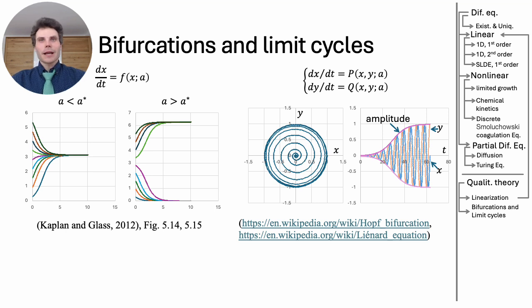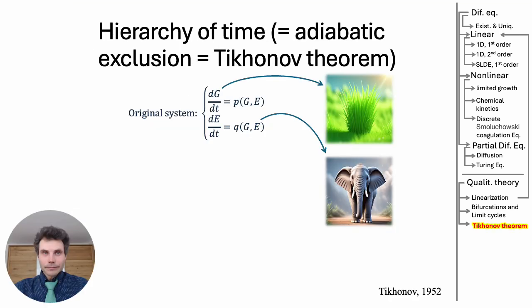Now, eventually coming to his theorem. Assume we have a system of two equations: dg/dt equals a certain function p of g and e, and de/dt equals q of g and e.